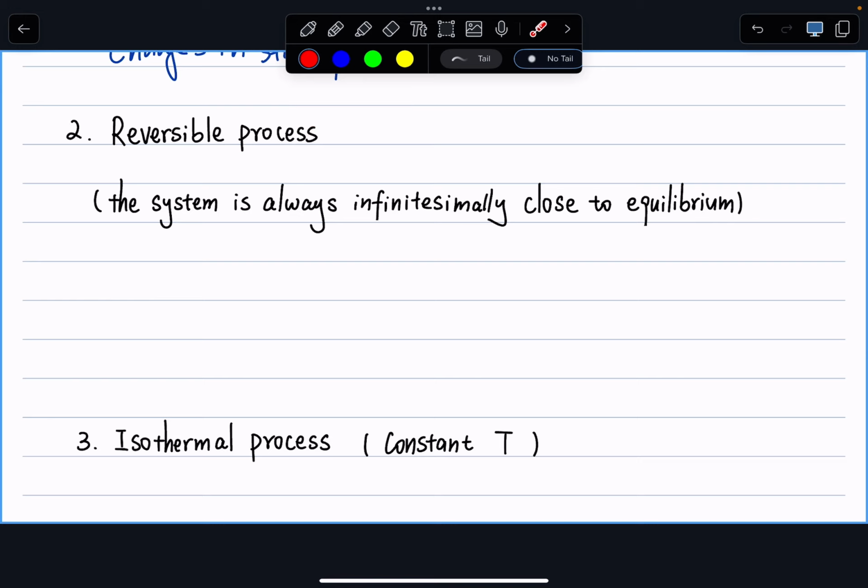And then we have reversible processes. Remember, the definition of the reversible process is saying the system is always infinitesimally close to equilibrium. Right now in this chapter, what we have covered is the infinitesimal change of reversible PV work equals negative PdV.